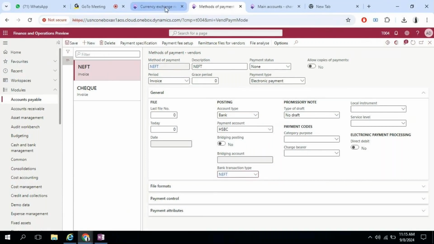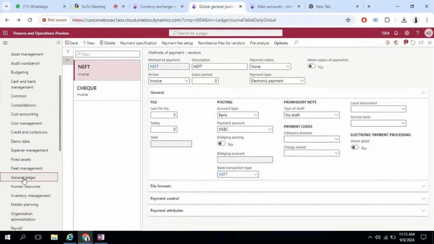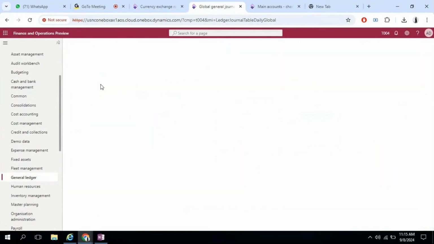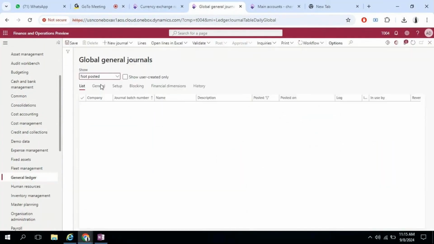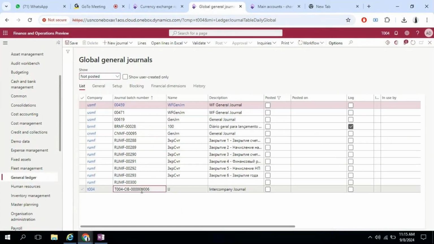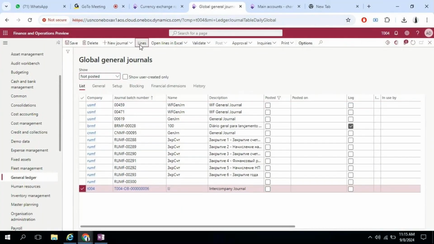Once you save it, you can go back to the General ledger module, go to the Global general journals, and inside the Global general journals go to the intercompany journal, go to the lines.